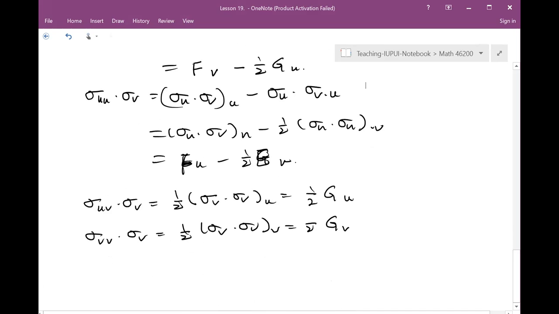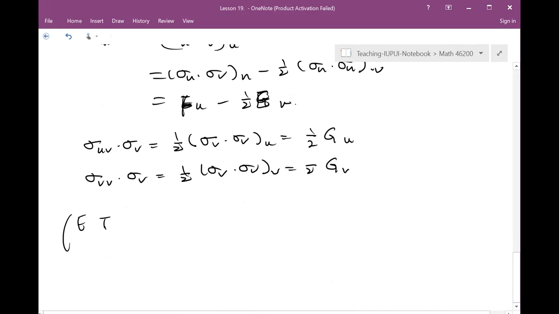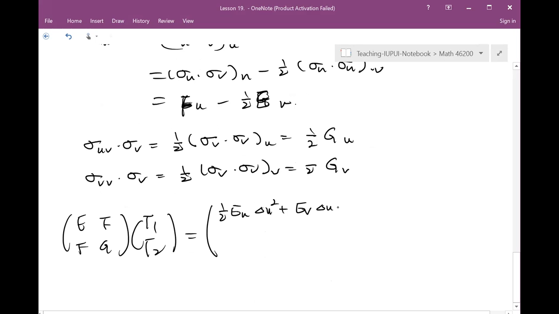partial derivatives. So the left hand side has E, F, F, G, gamma 1, gamma 2. On the right hand side, let me put the details here. I'm not going to give you the formula for gamma 1, gamma 2, but you can see that, okay, that's the first one.